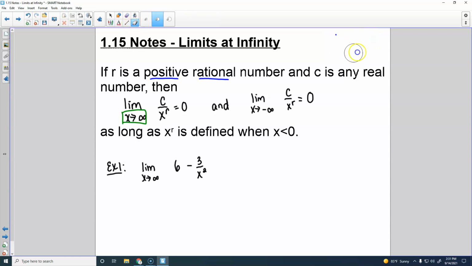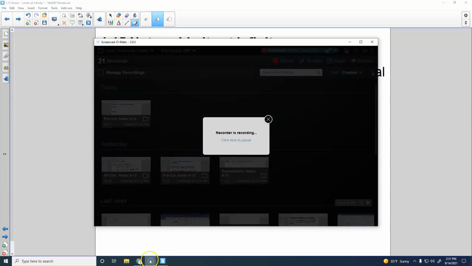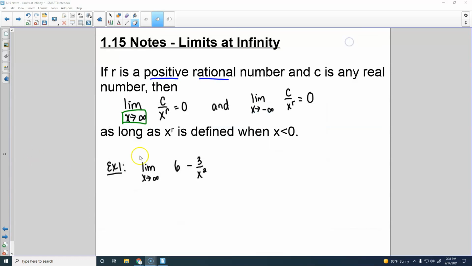So, am I recording? Okay. All right. So any number divided by x to any power is going to be 0 as x approaches infinity. So think about the very simple case of 1 over x.